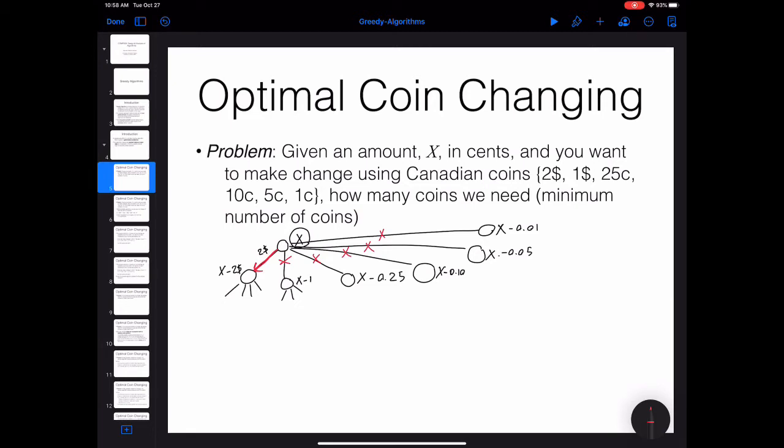So greedy algorithms are not applicable everywhere. Unlike dynamic programming, just specific problems can be solved using greedy algorithms.